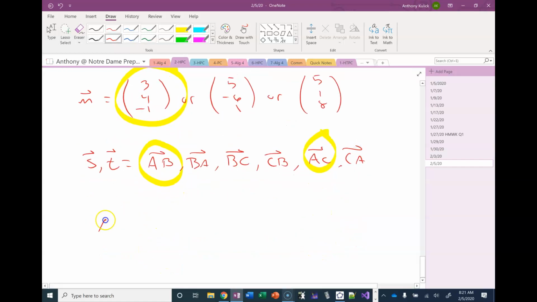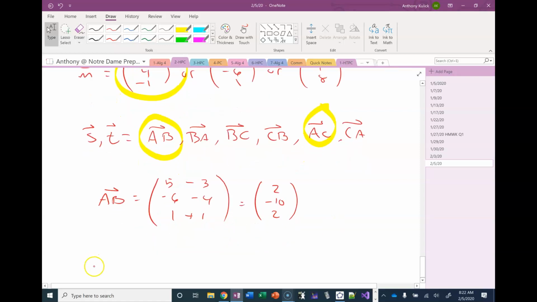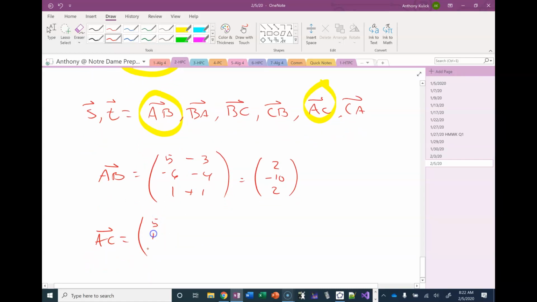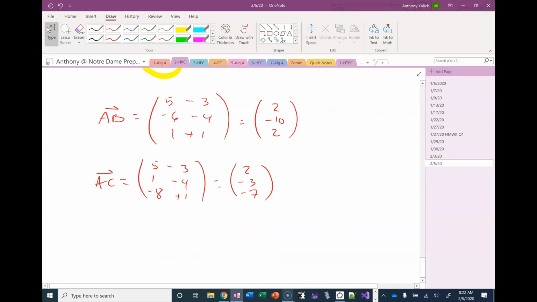Okay. So AB is going to be point B minus point A, and then AC is going to be point C minus point A. Everybody okay there?